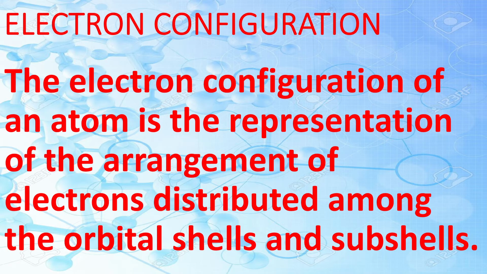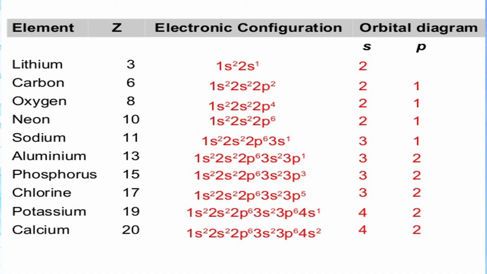Many of the physical and chemical properties of elements can be correlated to their unique electron configurations. The valence electrons, the electrons in the outermost shell, are the determining factor for the unique chemistry of the element. So this is an example of electron configuration. This is lithium, and the atomic number of lithium is 3.